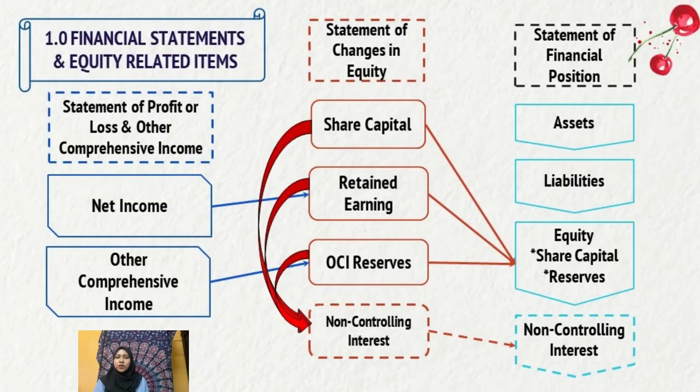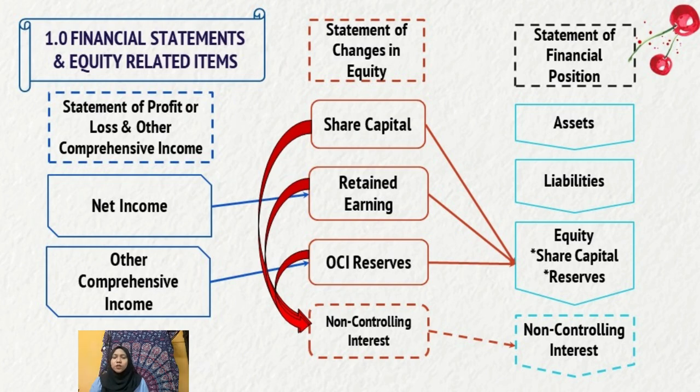Now, we move on to subtopic number 1, which is the financial statements and equity related items. In the statement of profit or loss and other comprehensive income, there are two components, which are net income and other comprehensive income. These two components will then be transferred to the statement of changes in equity, where the amount of net income will be transferred under retained earnings, meanwhile the amount of other comprehensive income will be transferred under other comprehensive income reserves.